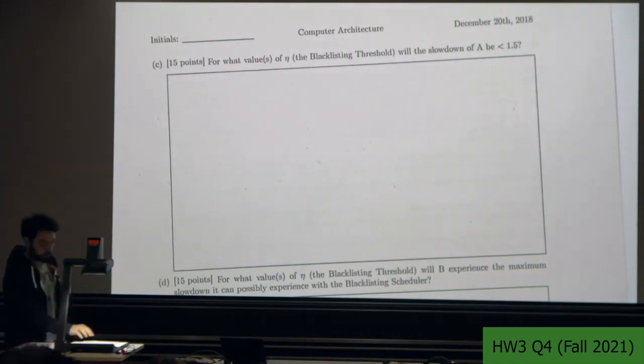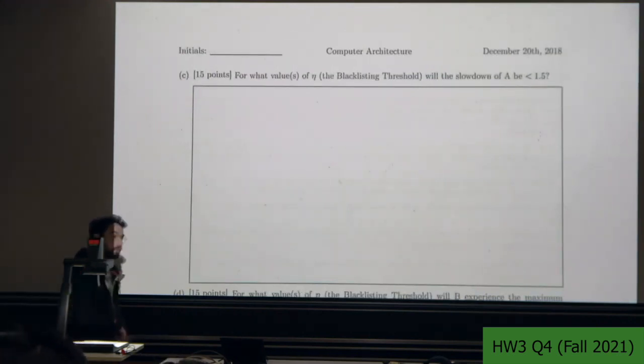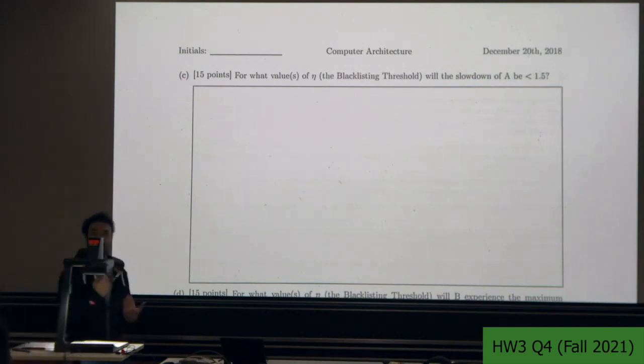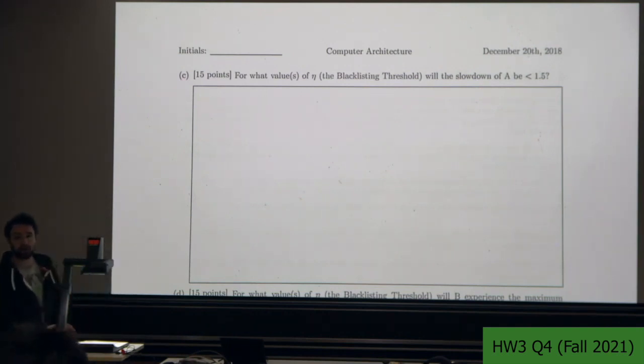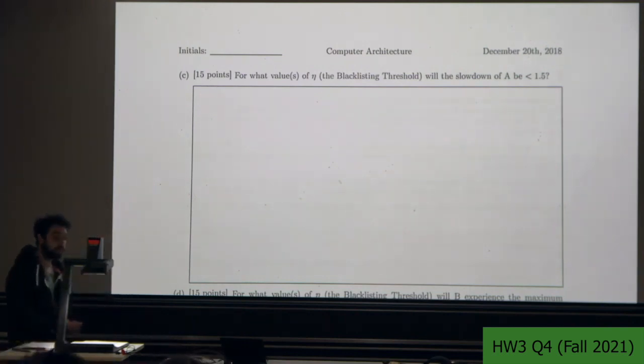So in this case, to have a slowdown of A which is less than 1.5, we need something that blacklists B but does not blacklist A. Because if it blacklists A, the slowdown cannot be less than 1.5, right? But this cannot happen, given the memory requests that we have.